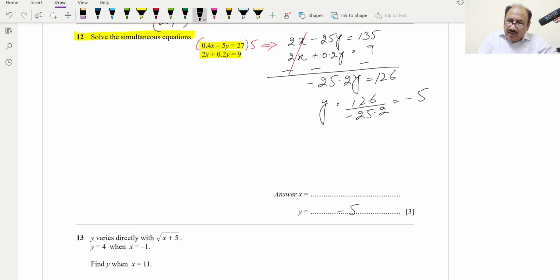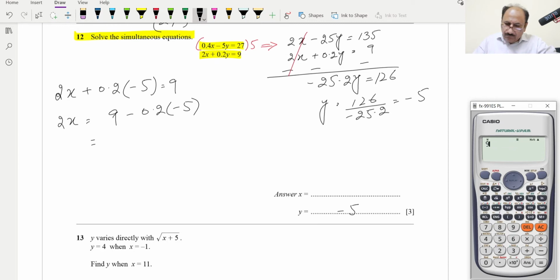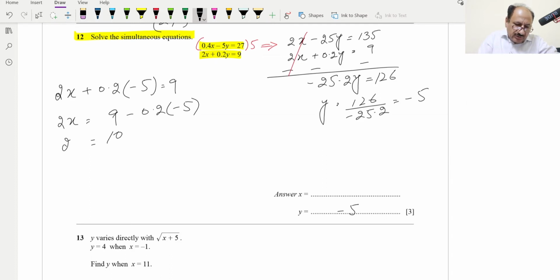Now the x value is required, we will replace in equation 2, so 2x plus 0.2 and y value is minus 5 is equal to 9, and 2x will be equal to 9 minus 0.2, I have shifted this to the other side, and this will be equal to what? 9 minus 0.2 in brackets minus 5, and this will be equal to 10, so 2x is equal to 10, x will be equal to 10 by 2 which is equal to 5, so the x value will be 5.